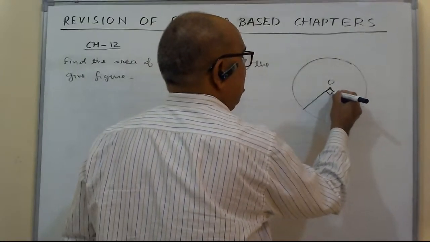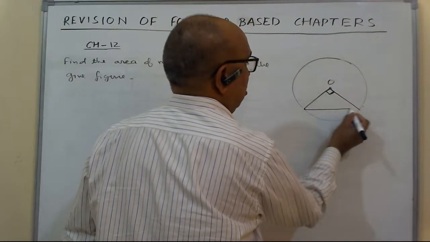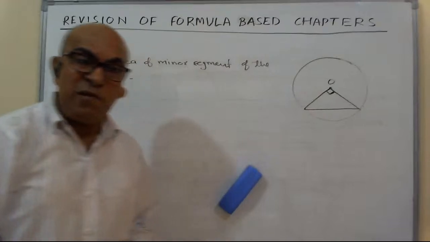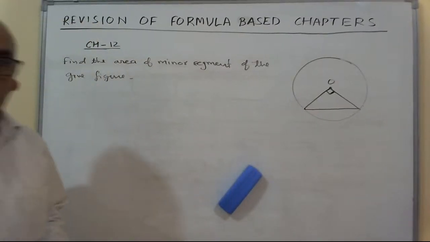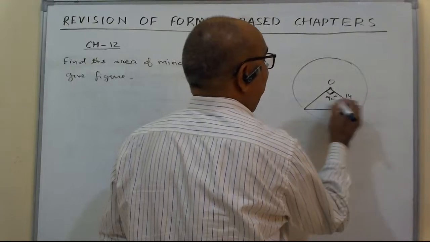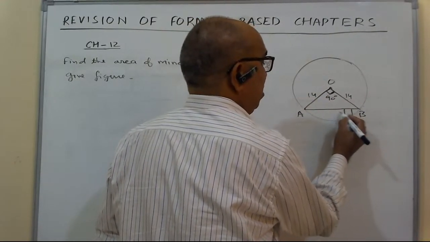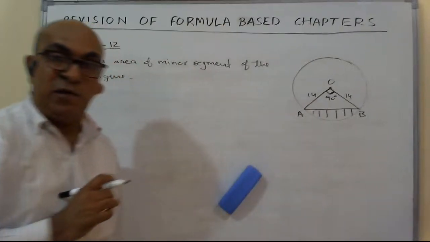This angle, this symbol means how much angle? This symbol means 90 degrees, no? This is 90 degrees and the radius is given as 14. We have to find the area of the minor segment, means this area we have to find.